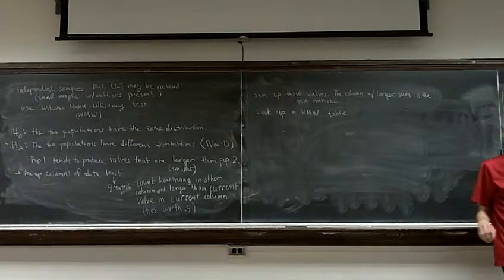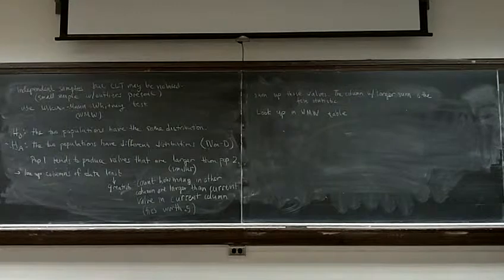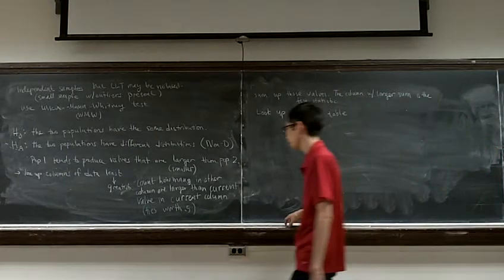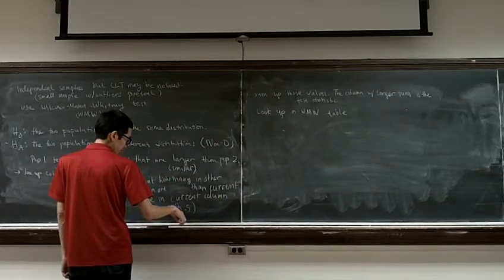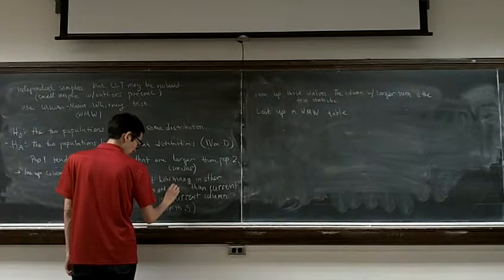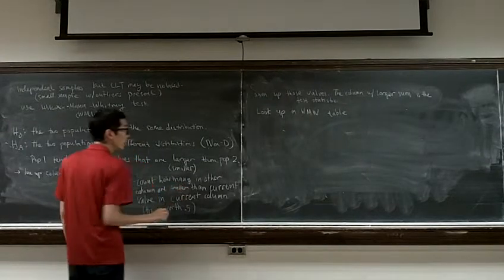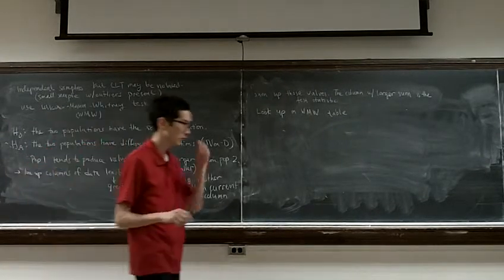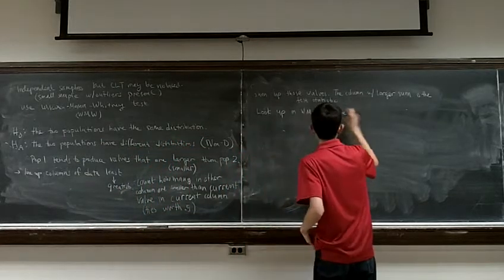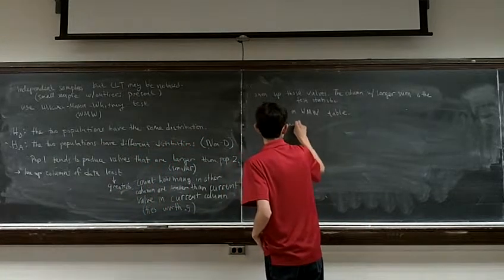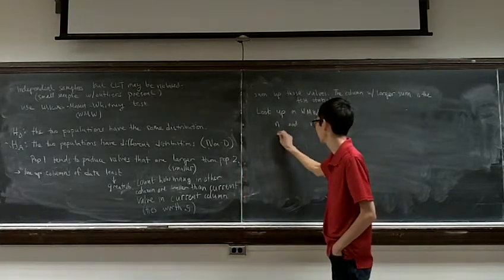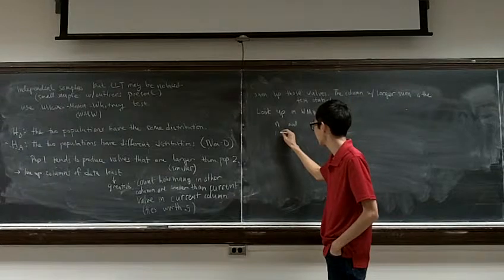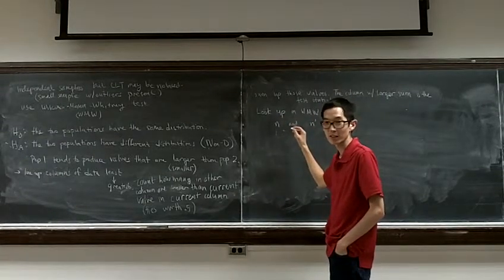Do we count which ones are larger or smaller? Oh, smaller, sorry, that was a mistake. Okay, look up in the Wilcoxon-Mann-Whitney table. You'll need an n and n prime. The sample with more numbers is the n.